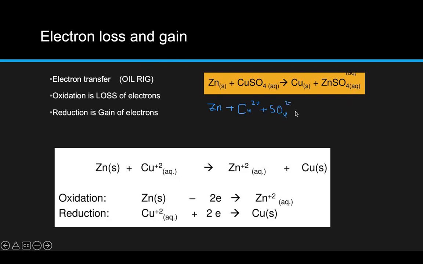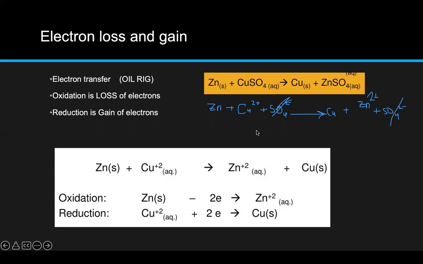This gives us in the products copper in the solid state, so that shall not be broken down into ions. And zinc sulfate is in the aqueous state, and so zinc has a charge of +2, while sulfate has a charge of -2. So now we can see that SO4 is in the reactants exactly identical as in the products, so they cancel out.